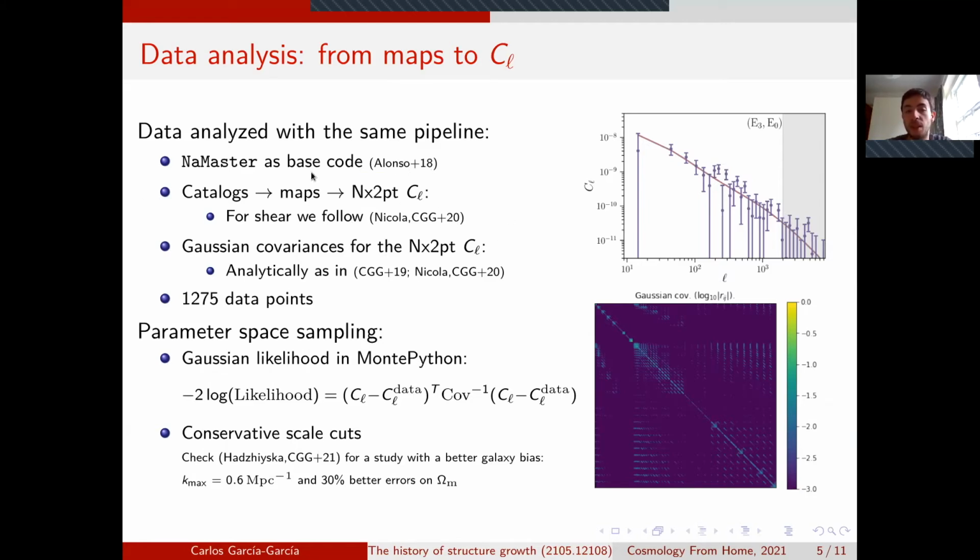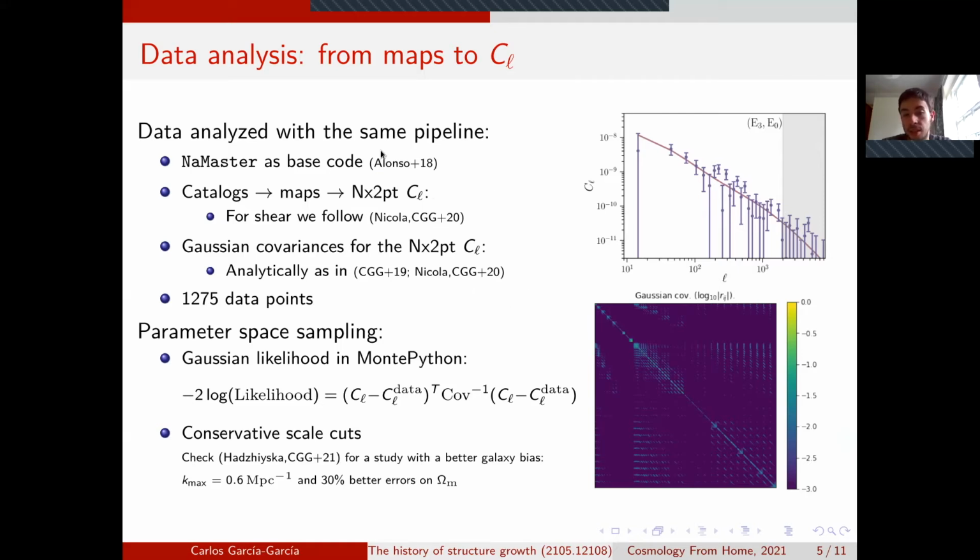In this process, we found that we had to improve the way we were handling the shear, and Andrina Nicola found a very convenient way, so she has this paper showing how we work with the shear, and in particular, she shows that the power spectra of the noise of the shear can be estimated analytically. That means that we don't have to rely on simulations, saving us a lot of time.